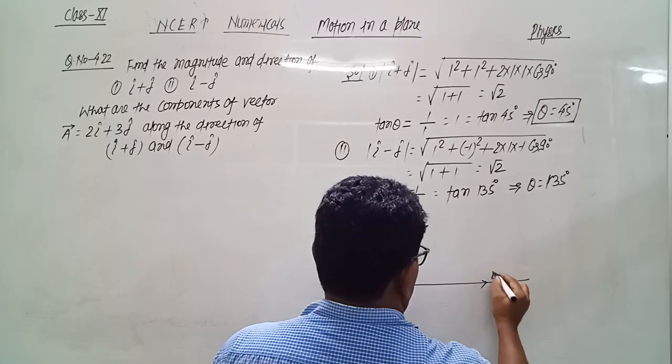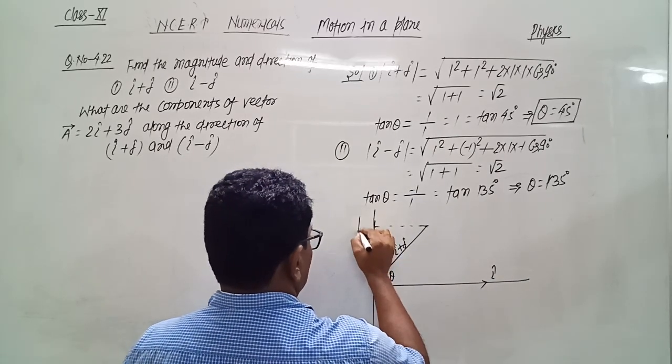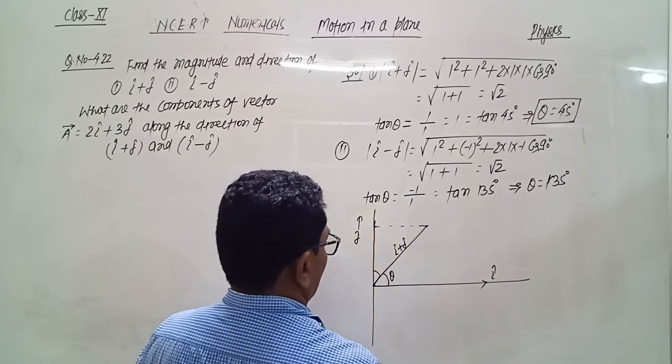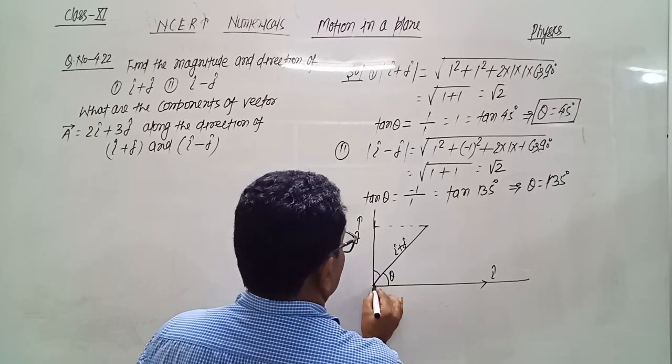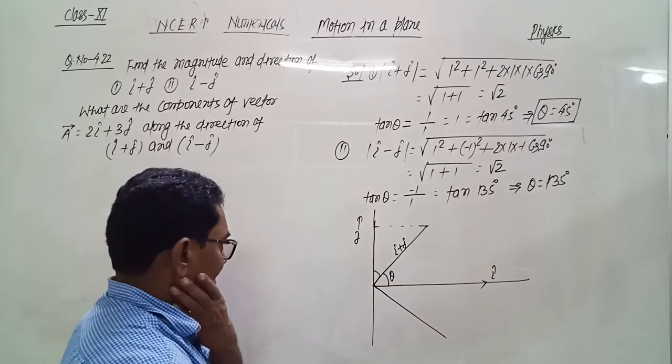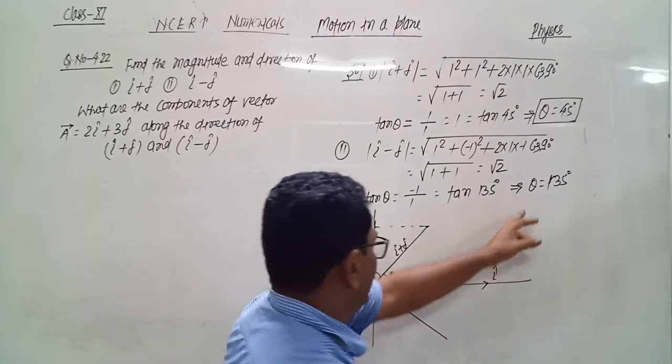Along x axis there is i cap, along y axis there is j cap, and i cap minus j cap is at 135 degree.